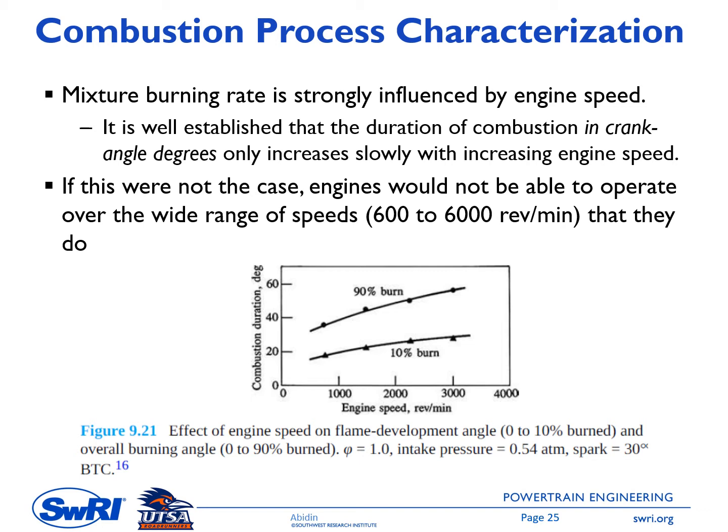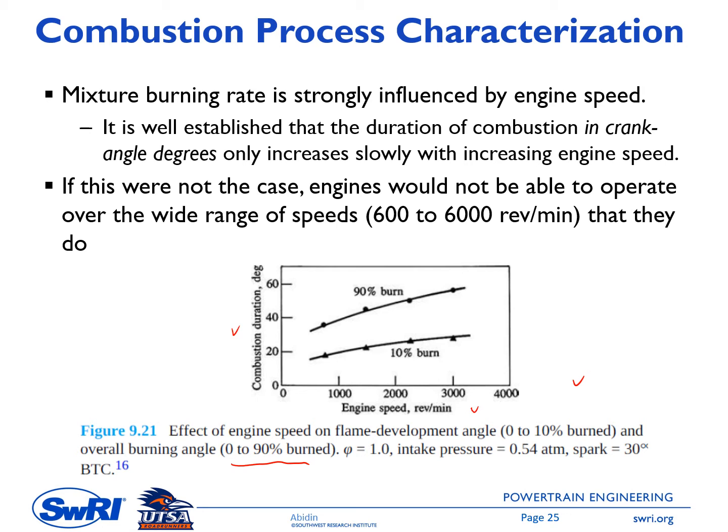Because of this correlation, the combustion duration only increases slowly with increasing engine speed, and it is shown in this figure. On the vertical axis is the combustion duration, the 0 to 90% burn, plotted as a function of engine speed. As you can see here, it increases but slowly.